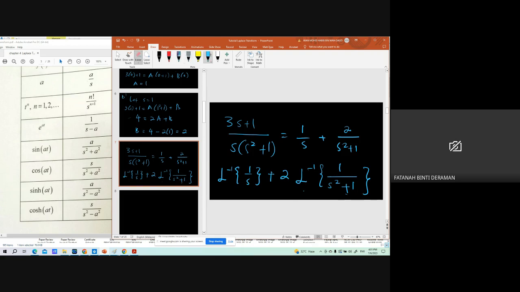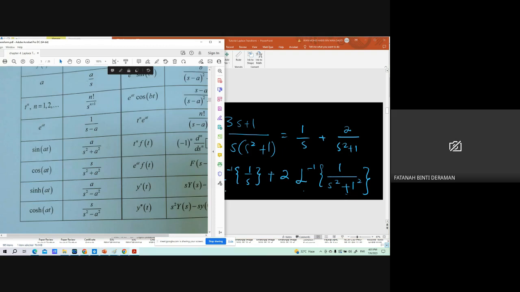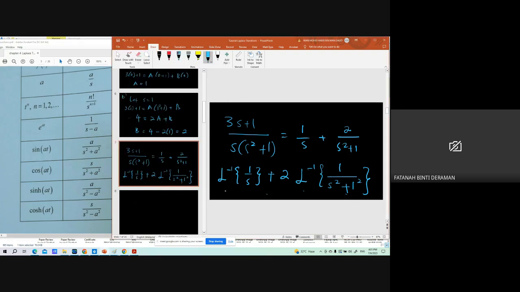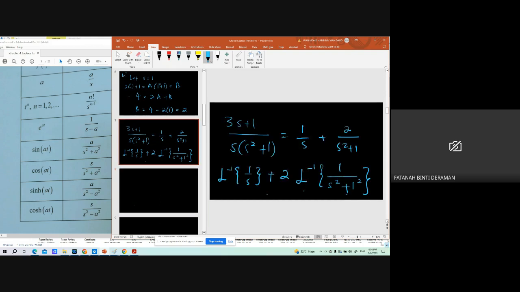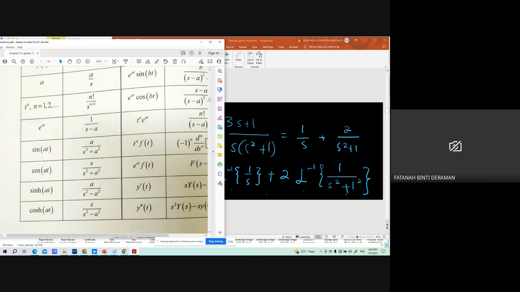So there is a square. Okay, so 1 over s is a, which is equal to a over s.